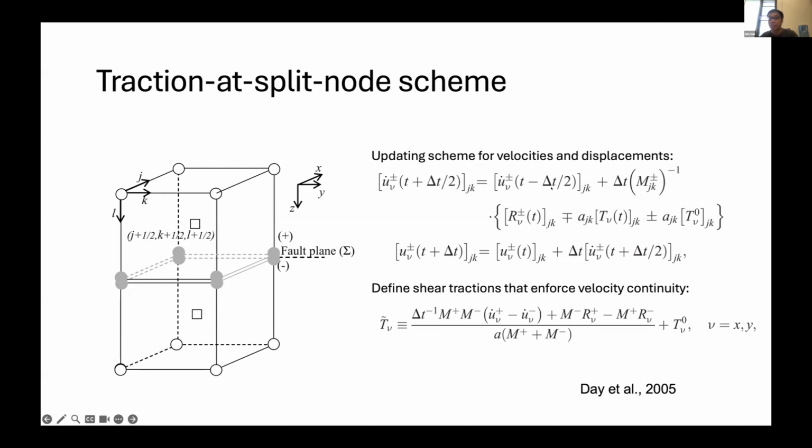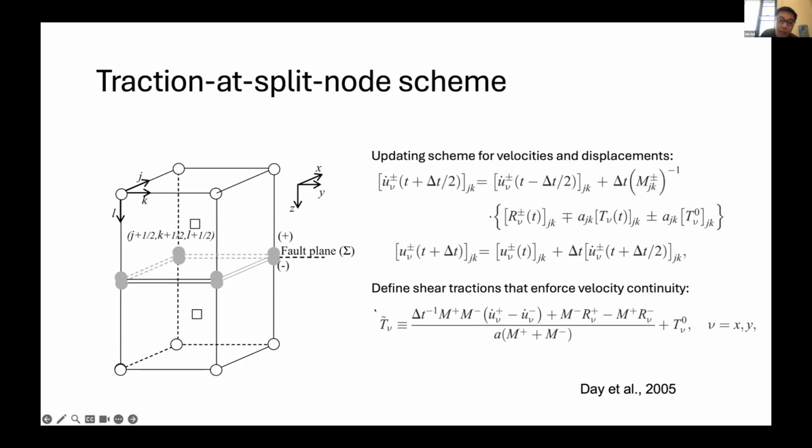But the idea is quite simple: the new velocity is the old velocity plus an increment, and the increment is basically the force divided by mass, so it's the acceleration. The updating scheme is quite simple, and this is the displacement updating equation.